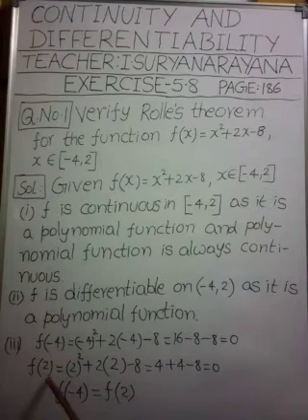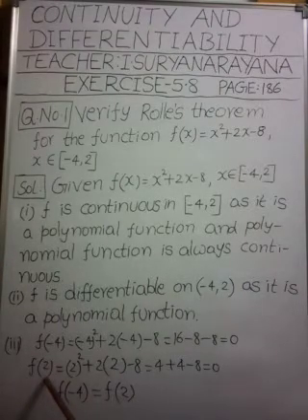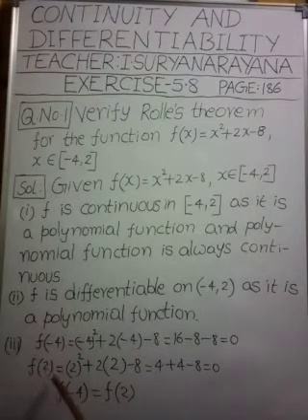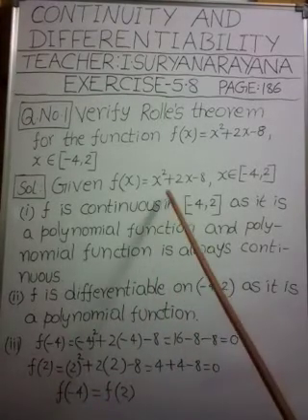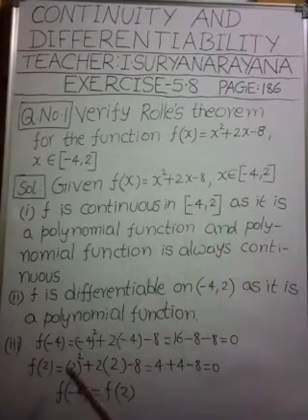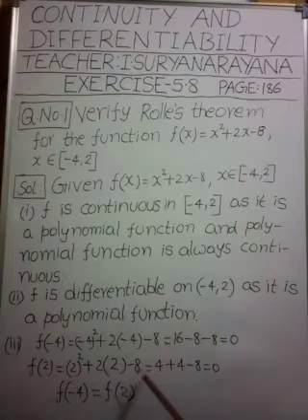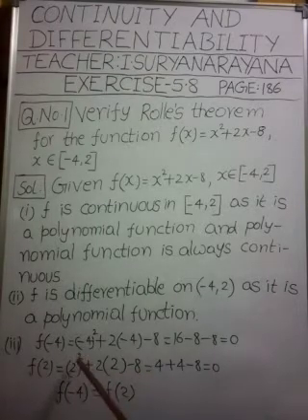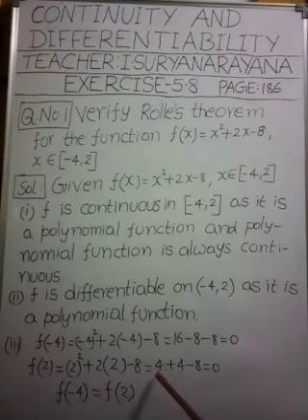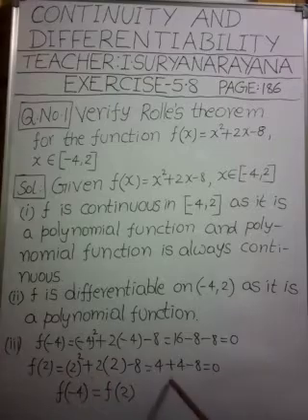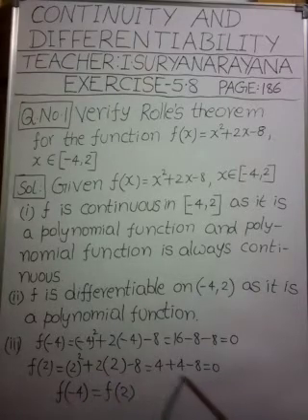Now we find f(2), that is f(b). We substitute x = 2 in this function: 2² + 2(2) − 8. What is the value of 2²? 4. The second term, plus 2 twos are 4.